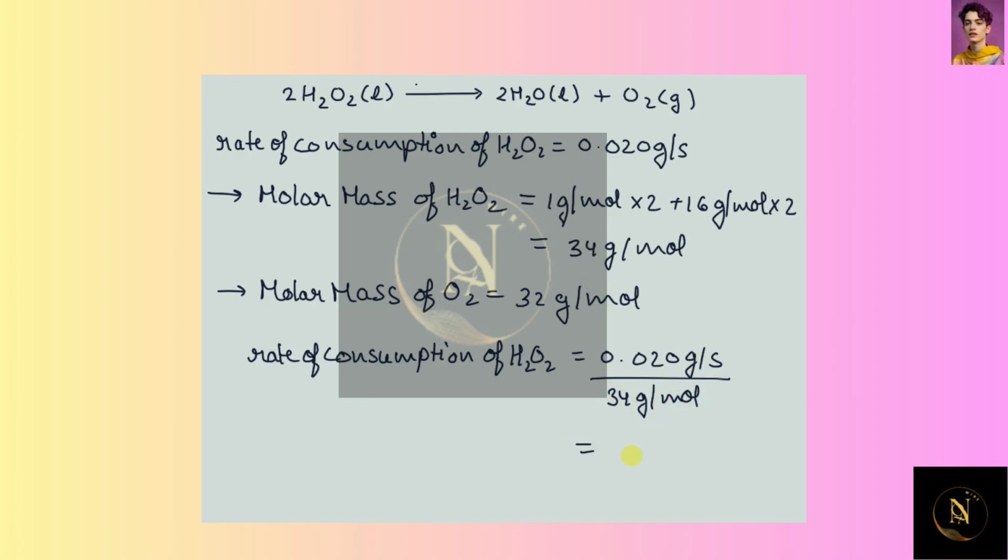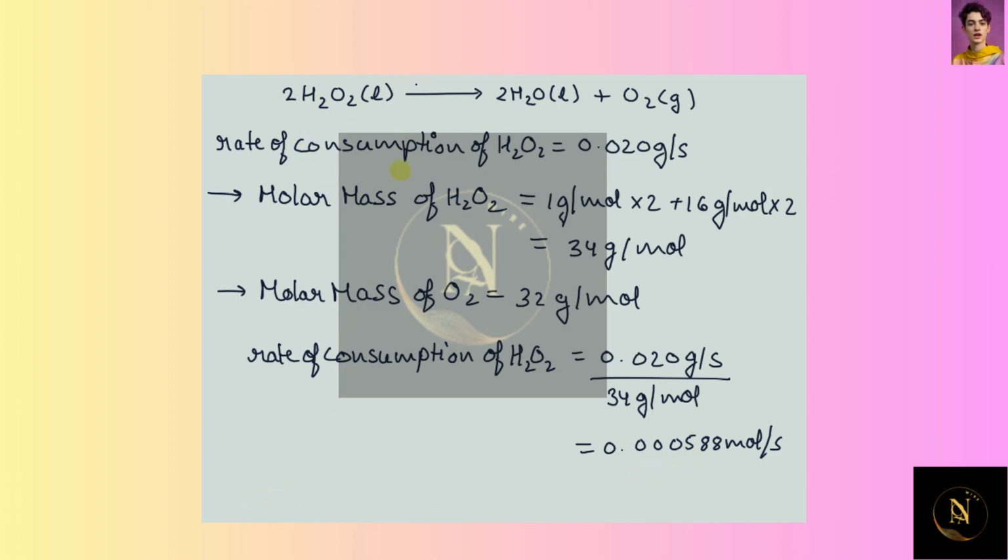So by calculation we'll get the rate of consumption in mole per second, and it is equal to 0.000588 mole per second. So this is the rate of the consumption of H2O2.